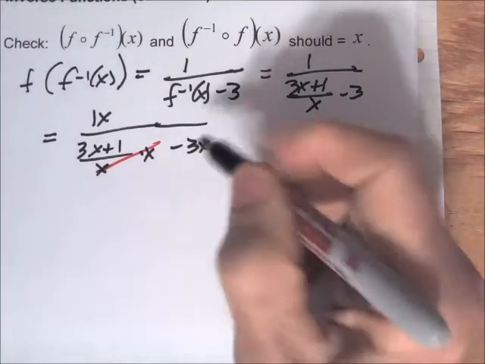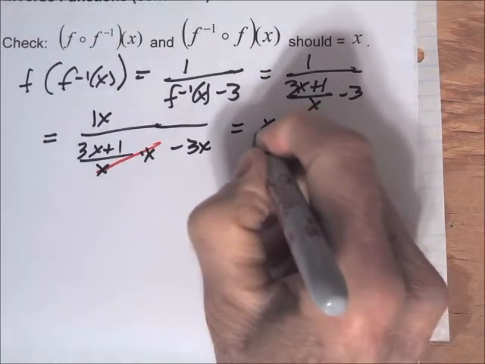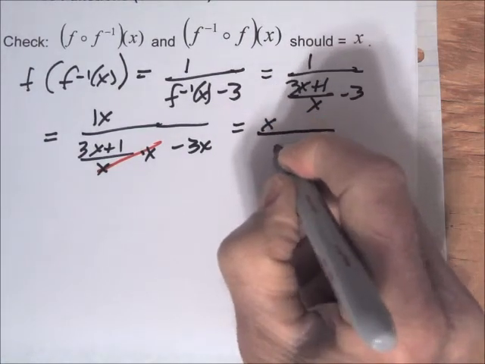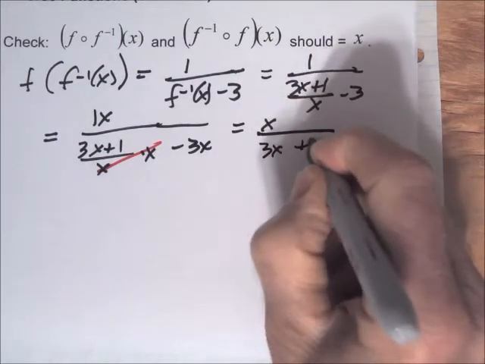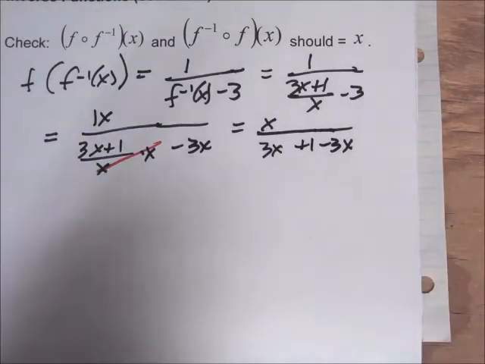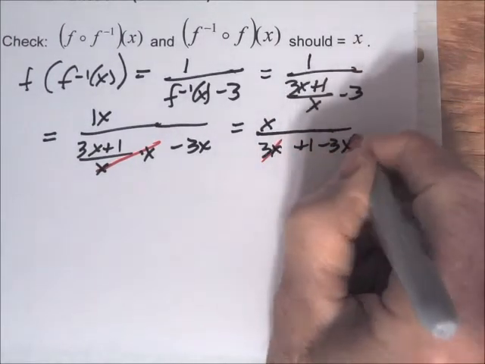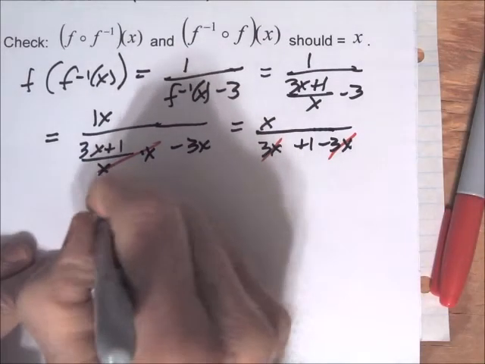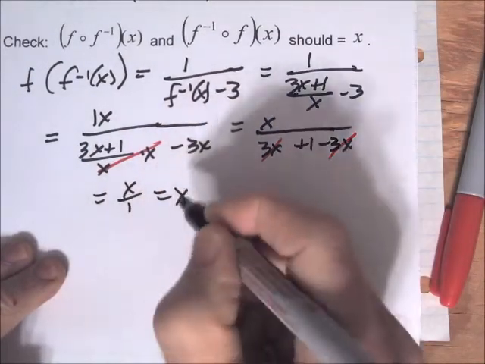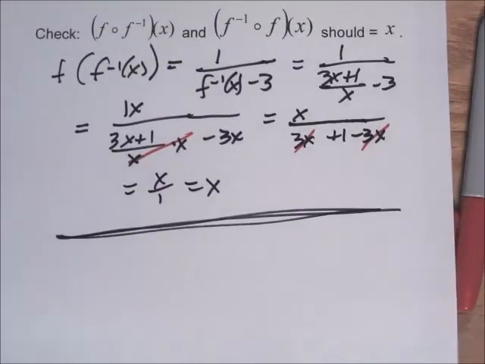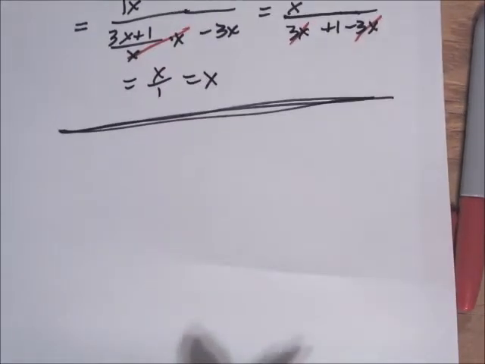So this is going to be x over 3x plus 1 minus 3x. Well, 3x minus 3x is 0. So we'll just have x over 1, which is equal to x. Okay, so that's as it should be. That's kind of like a check to make sure we did the inverse correctly. When you compose f with f inverse, you should get back just x, the identity function.